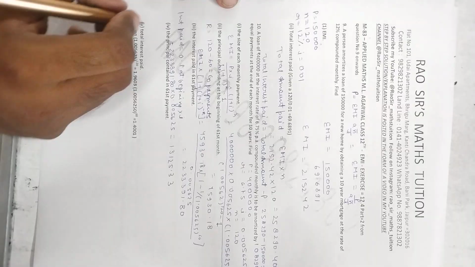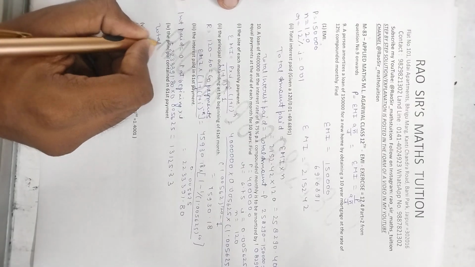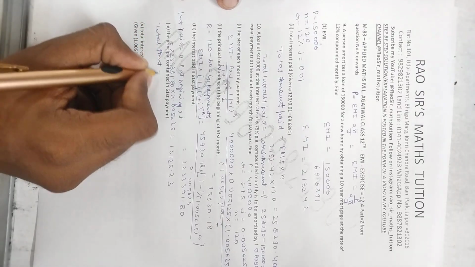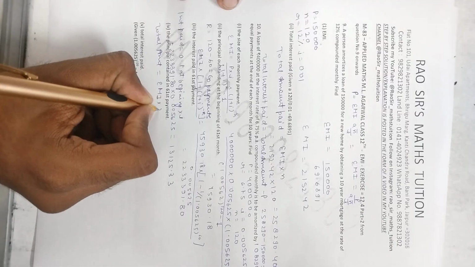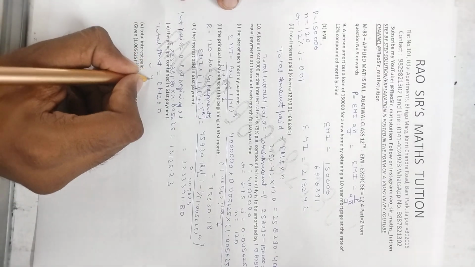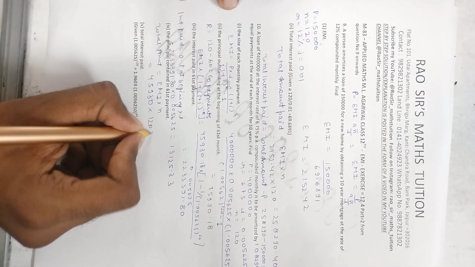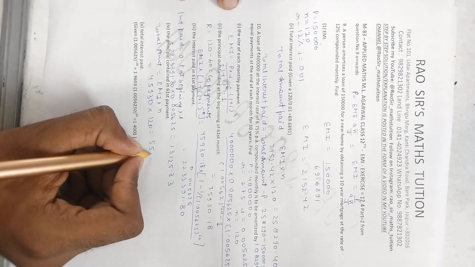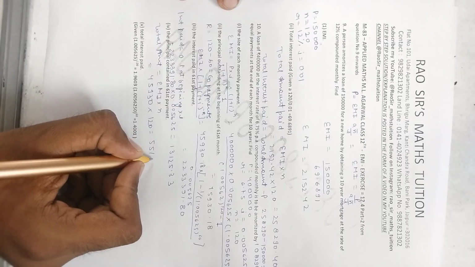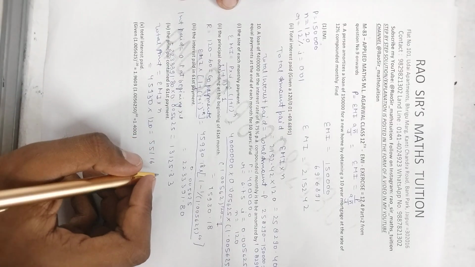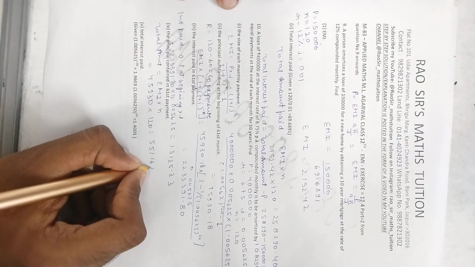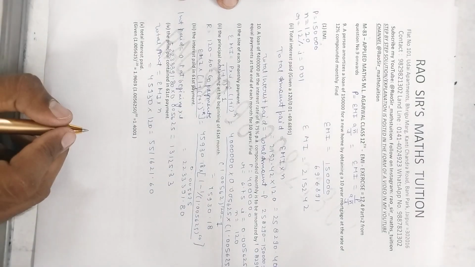Now fourth, total amount. Firstly, total amount is equal to EMI into N, which is 45,930 into 120, which is 5,511,601.60.